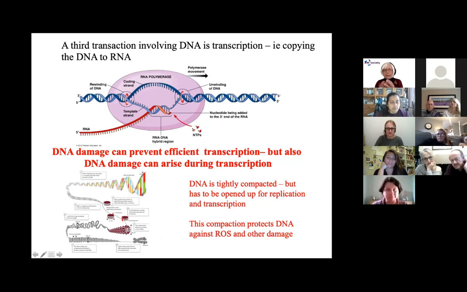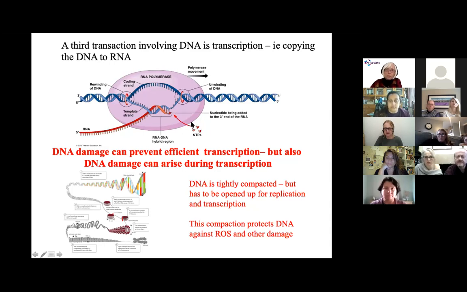So your DNA is really, really compacted, and then it has to be opened up to replicate, to copy one strand from another, and it has to be opened up for this act of transcription. Importantly, that compaction helps to protect the DNA from some of these DNA damaging agents in the cell, particularly reactive oxygen species.